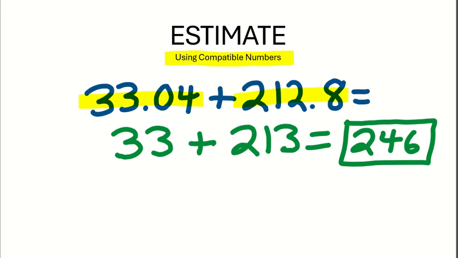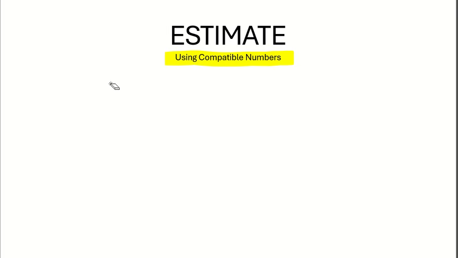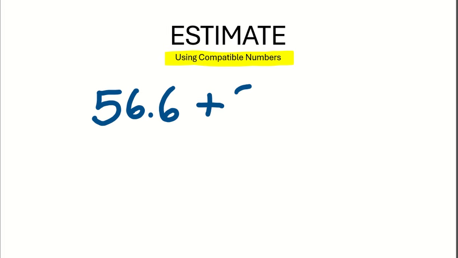Let's keep it going. Let's do some more estimation using compatible numbers. What if I have 56 and 6/10? And I'm looking to increase it by 23 and 948 thousandths.